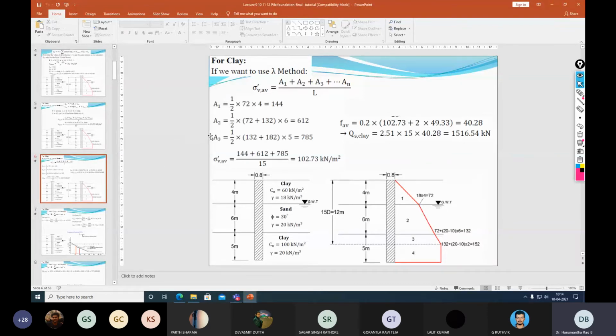That is true, but see, what is the meaning of sigma V? It is the average effective stress. When you do not consider the sand layer, can you say that the weight exerted by the sand on the bottom clay is 0?